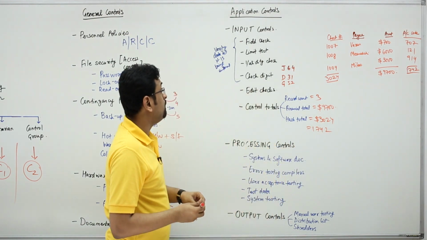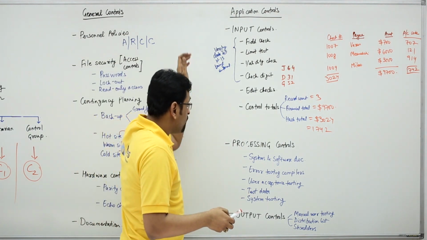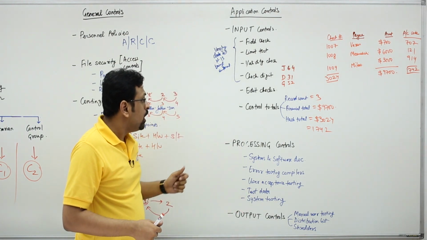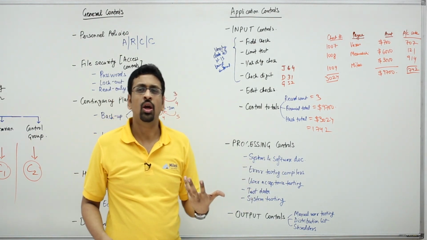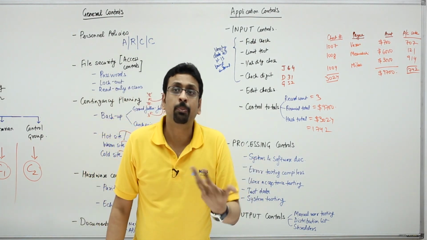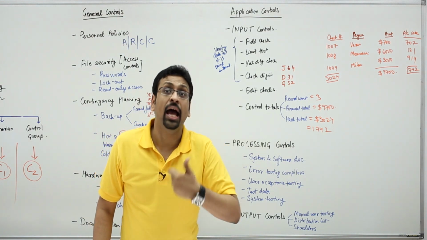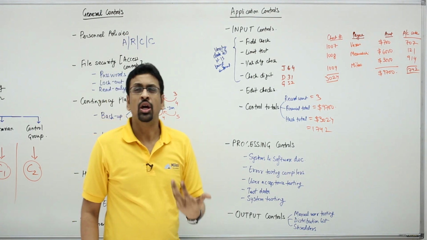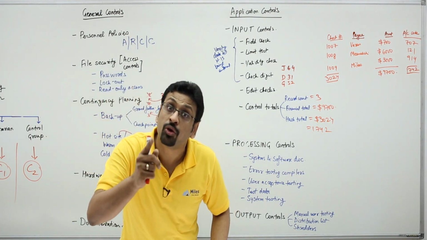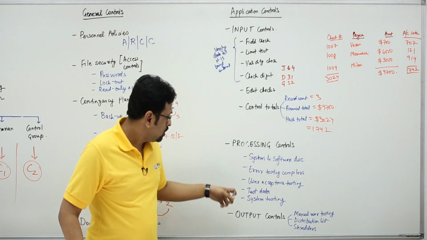Now, apart from input controls, we could also have processing controls, starting with systems and software documentation so that you can make sure that the processing programs are complete and thorough. You could have error testing compilers to make sure that there are no programming language errors.